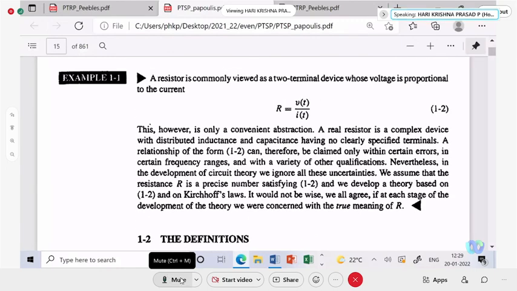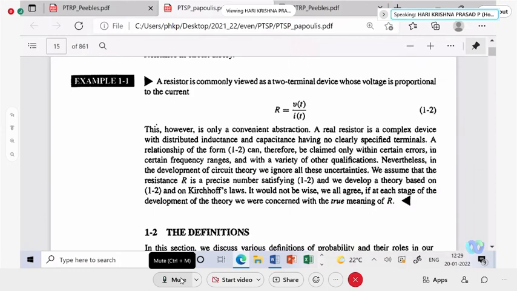Probably he wanted to bring out the concept of a random probability concept, right? Can you frame a question out of this equation 1.2?